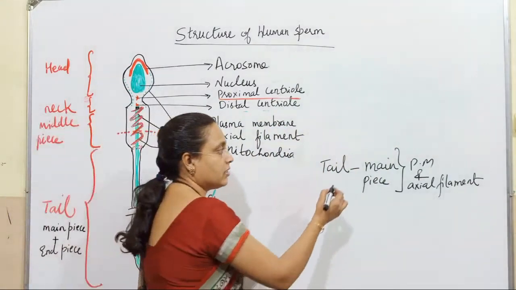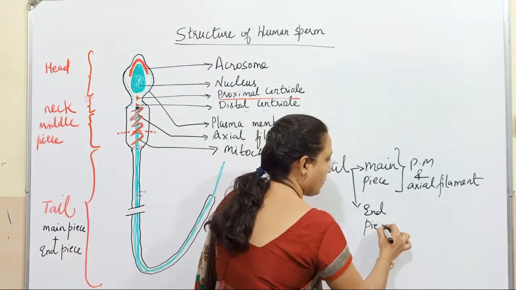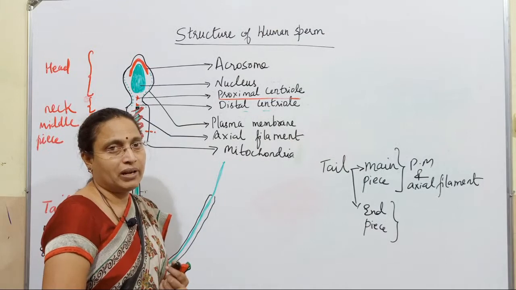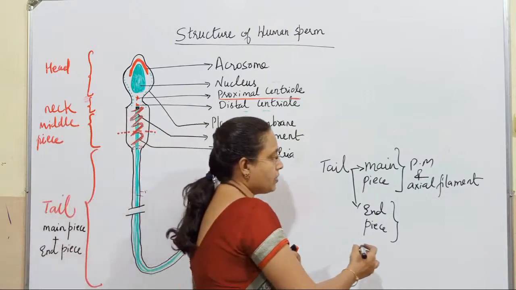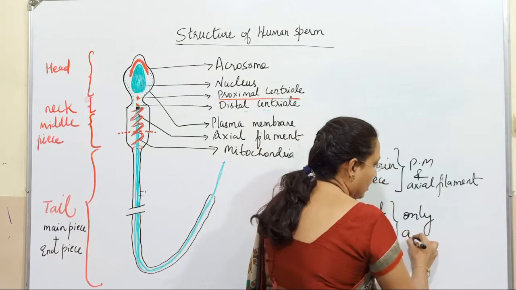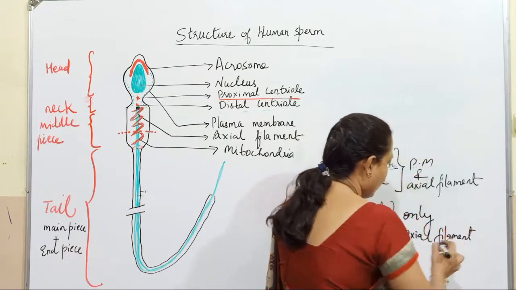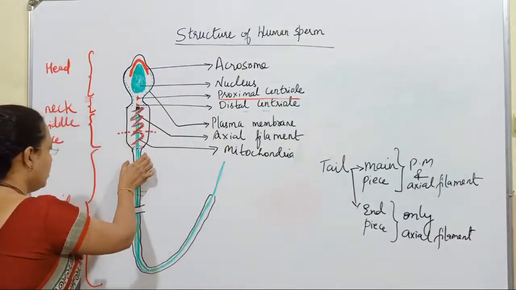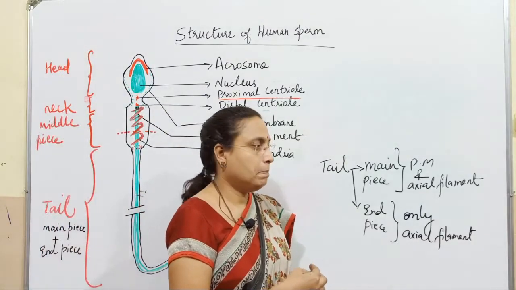Now the end piece. What does the end piece have? The end piece consists of only the axial filament. It does not have plasma membrane. It has only axial filament, or it is also called the naked axial filament. So this was the explanation regarding the tail of the sperm.